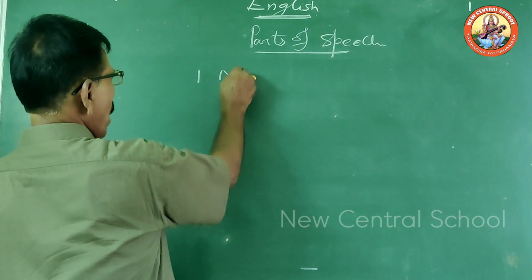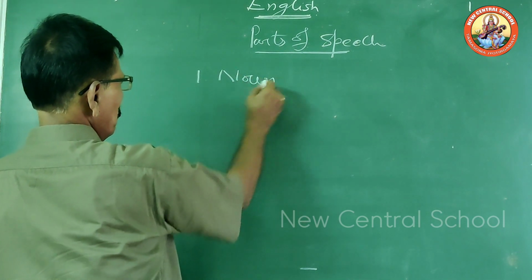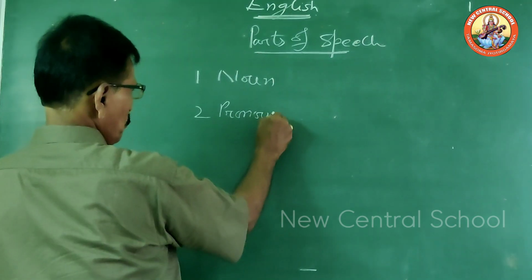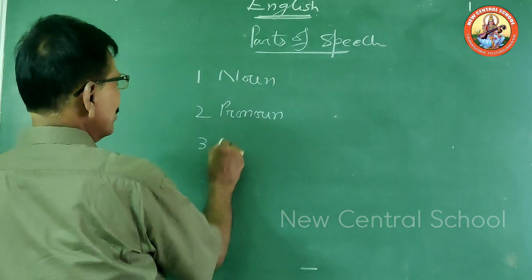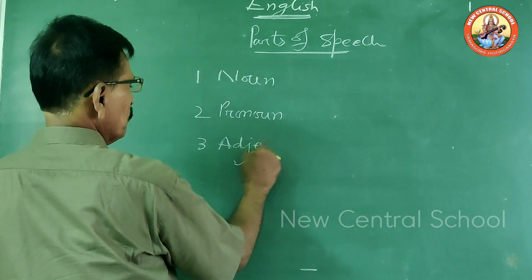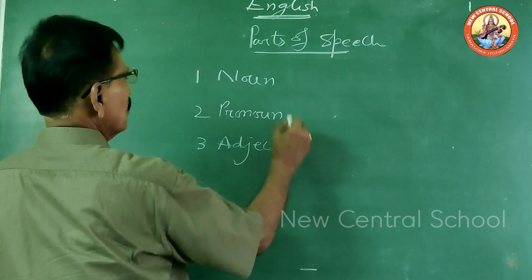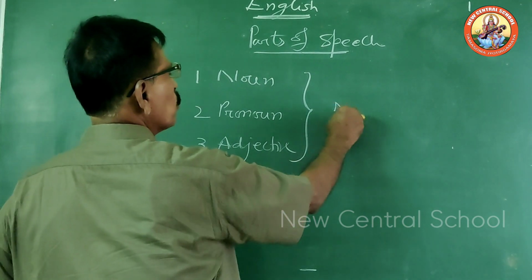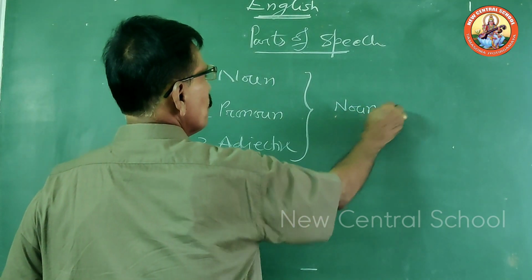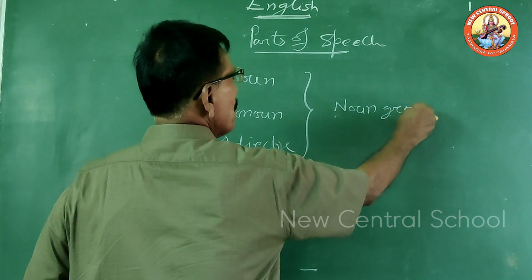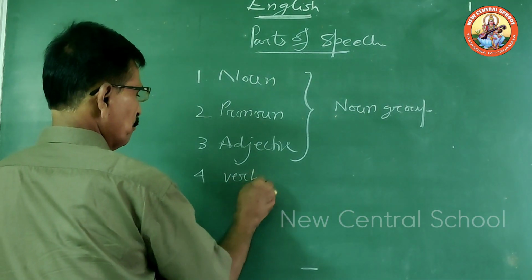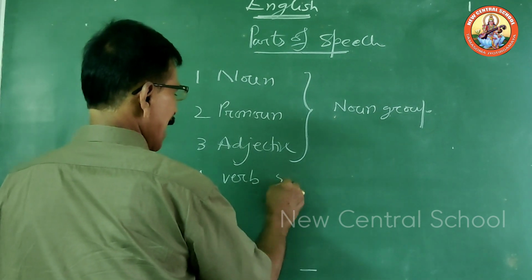1. Noun, pronoun, adjective. These 3 come under noun group. Verb, adverb.